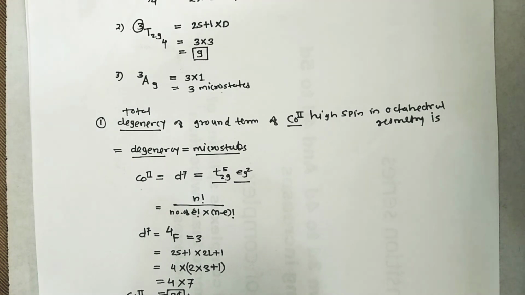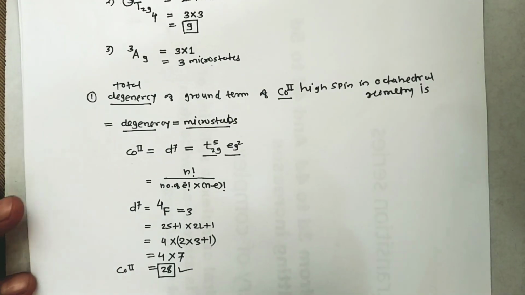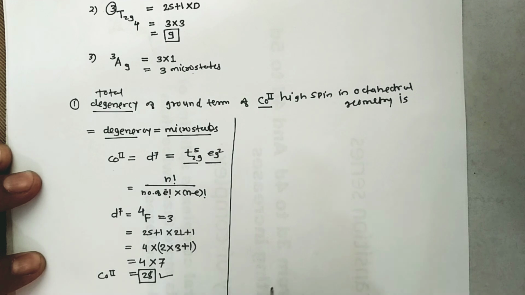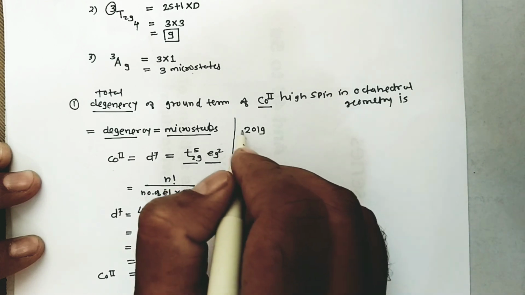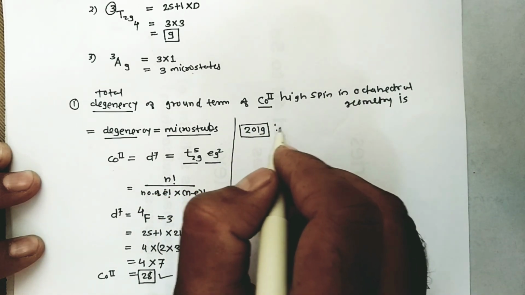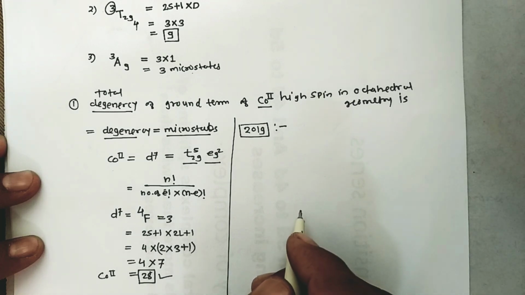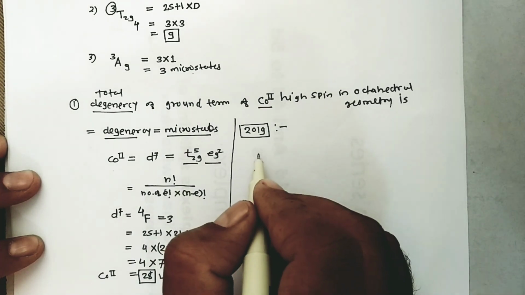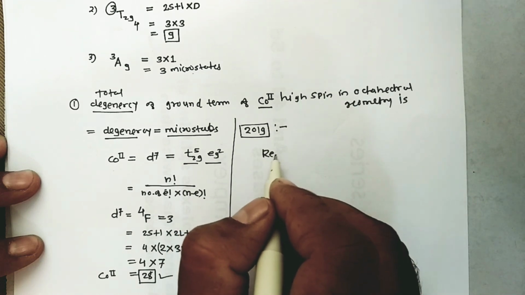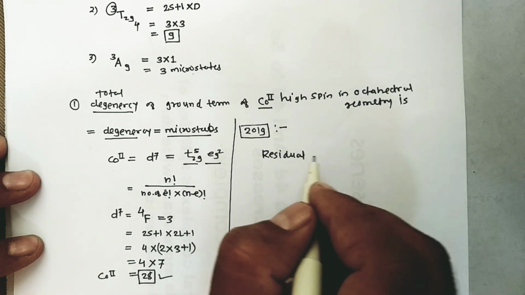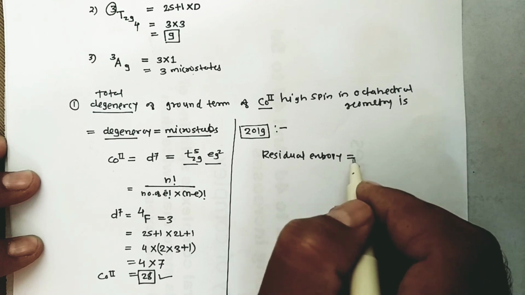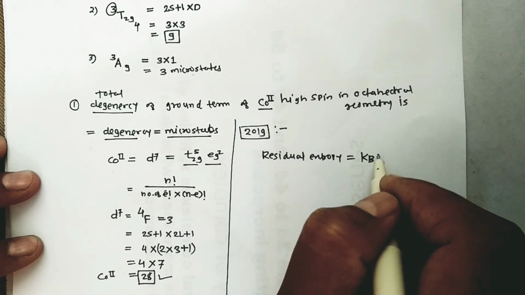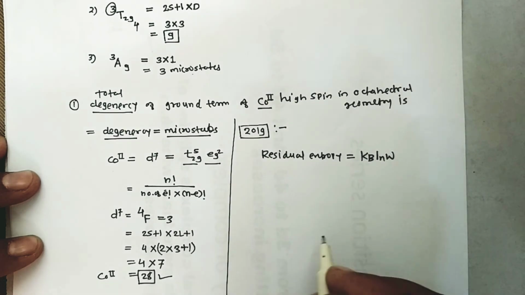This question was also asked in the CSIR NET exam. Also in CSIR NET 2019, a somewhat different question was asked on the number of microstates. When residual entropy is asked, then you can use the formula kB ln omega.